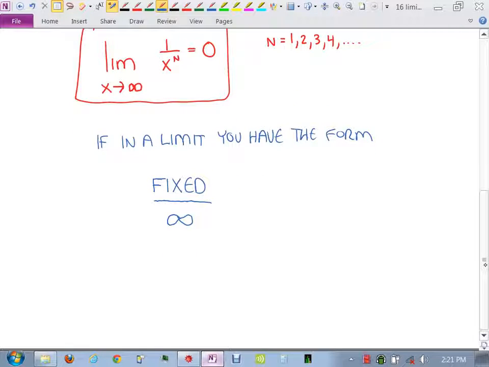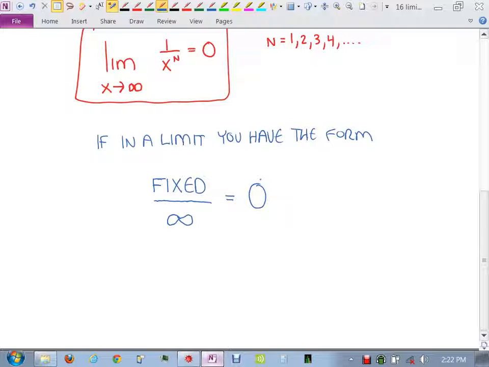So look at that limit up there had 1 over x to the n, right? 1 on top is a fixed number. The bottom, though, x is getting bigger and bigger and bigger, isn't it? So anytime you have a number on top that's not moving over a number that gets bigger, what happens to that ratio? It goes to 0. It gets smaller, right?